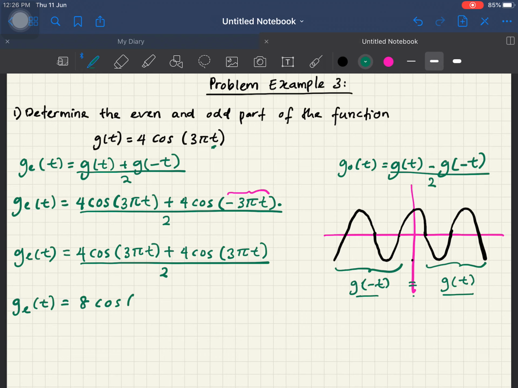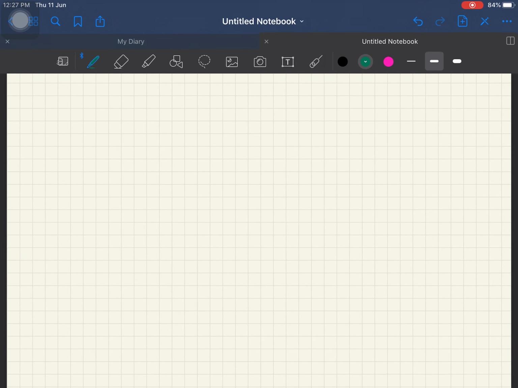If you add, you will get 8 cos 3 pi t over 2, which will give you 4 cos 3 pi t. This is the even part of the function g of t.